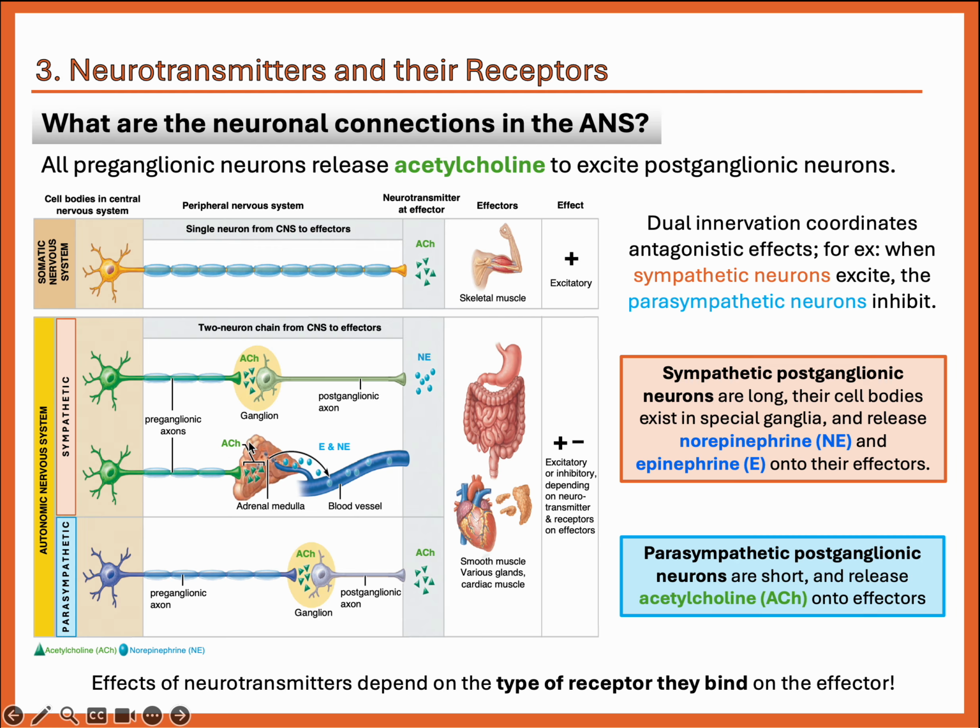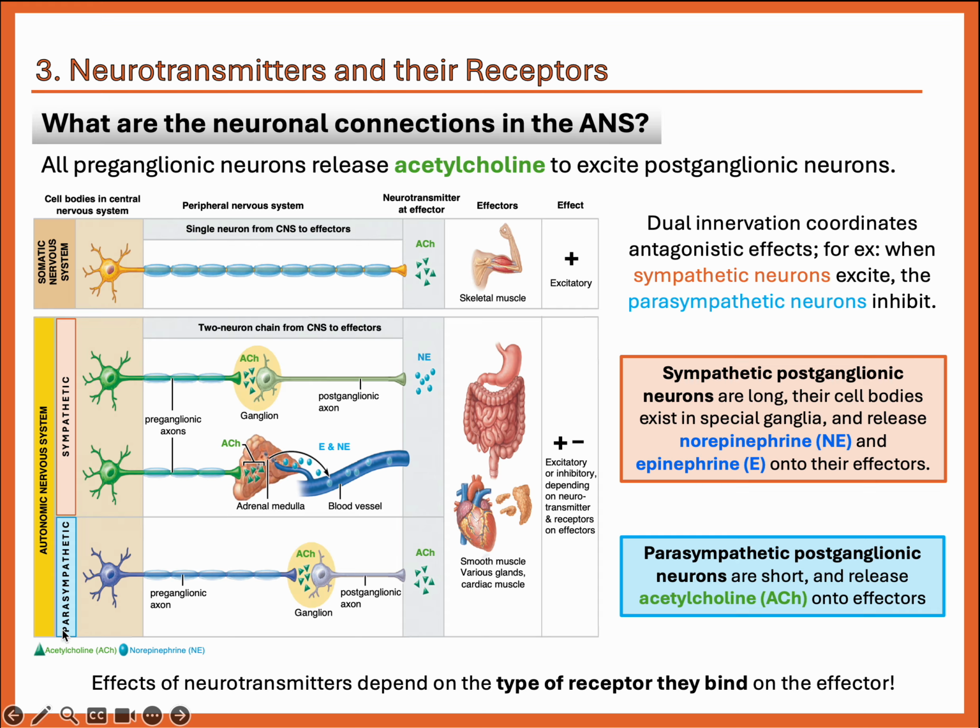Note that acetylcholine was what got put from the preganglionic to the postganglionic neuron just to excite this other neuron. Acetylcholine here is just the intermediate step to tell the adrenal gland to release epinephrine and norepinephrine.